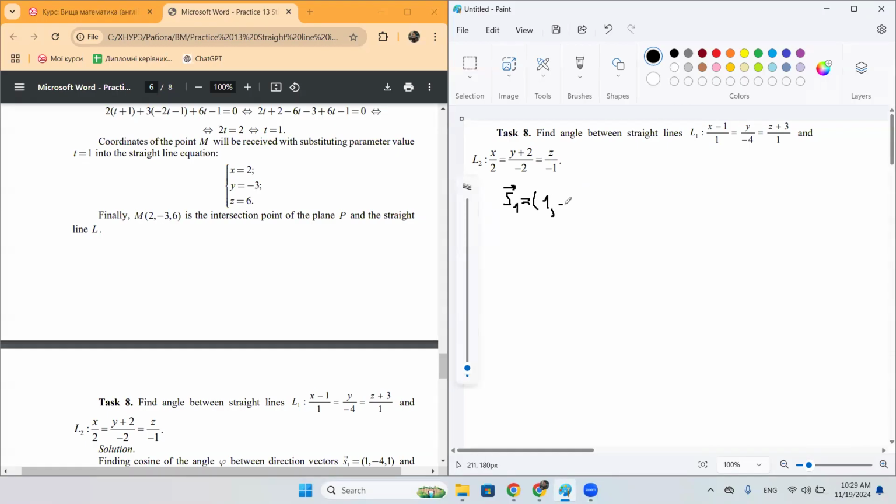So 1, minus 4, 1 for the first straight line, and for the second, 2, minus 2, minus 1. So first of all finding the cosine of the angle, and then we will check if it can be found from the tables.